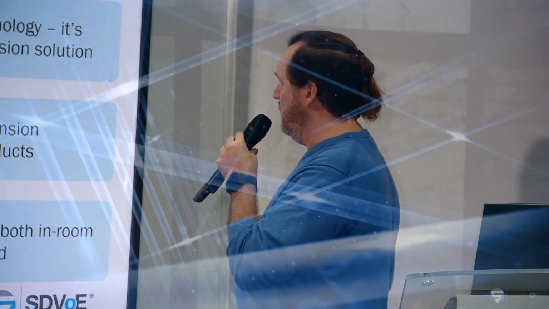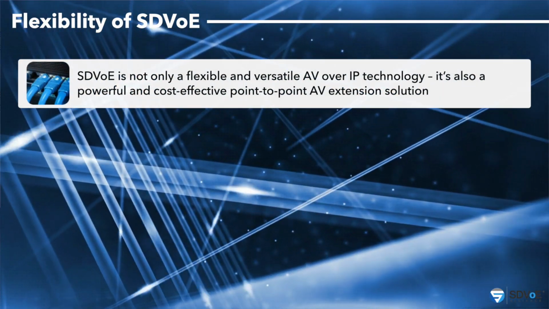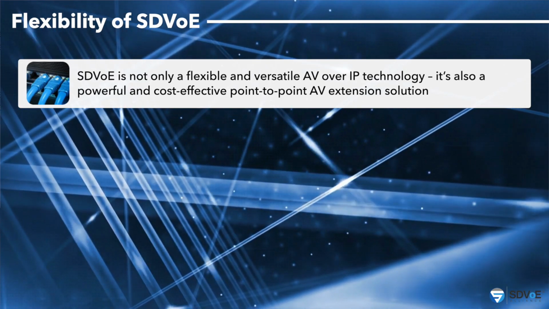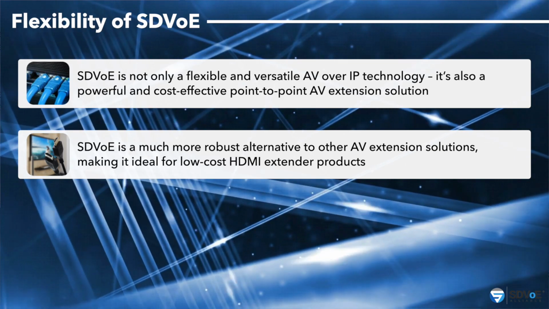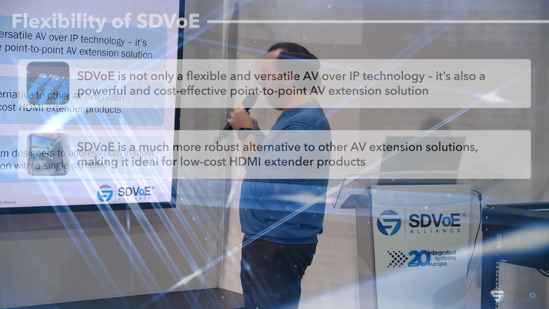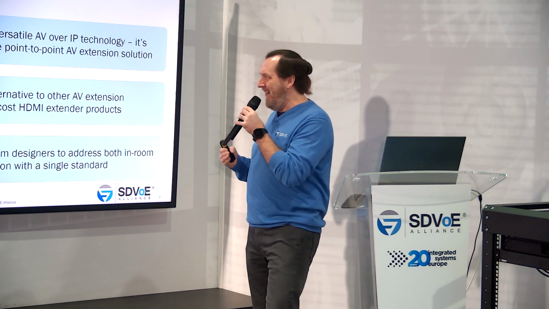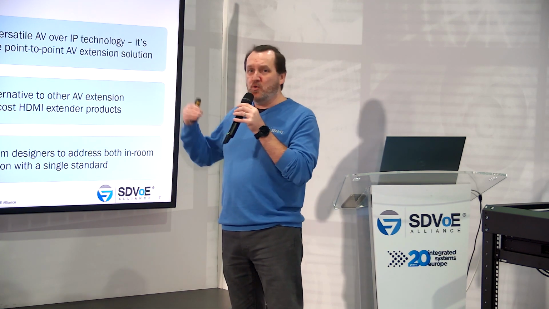So SDVoE, as I said, is not only a flexible and versatile AV over IP technology, it's also a very powerful and cost-effective point-to-point AV extension solution. It's much more robust than other alternative AV extension solutions because it's using standard 10 gigabit Ethernet, which is a very robust IEEE standard. Makes it ideal for low-cost HDMI extender products as well.